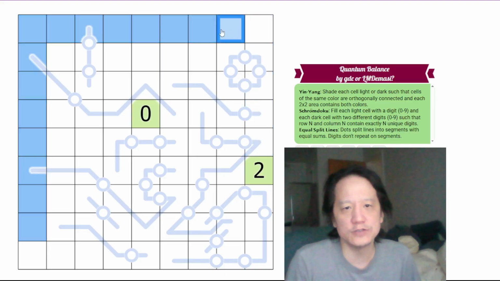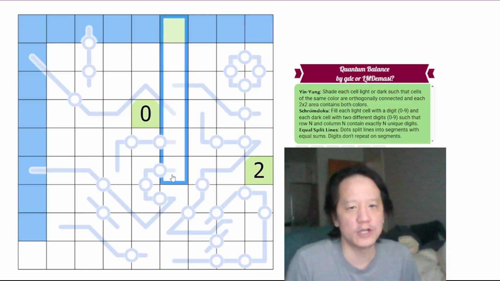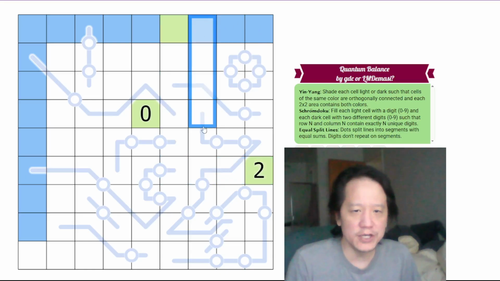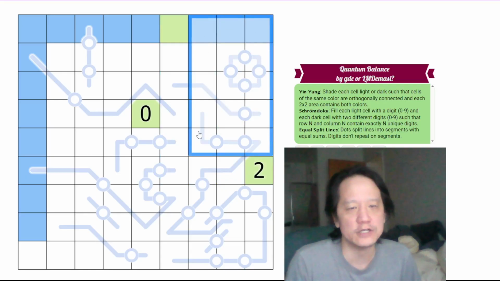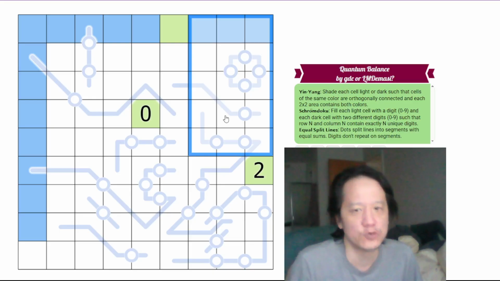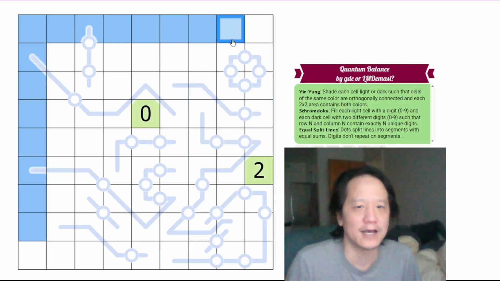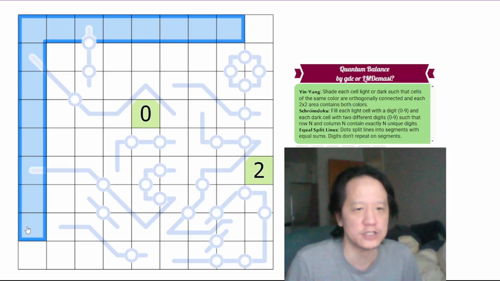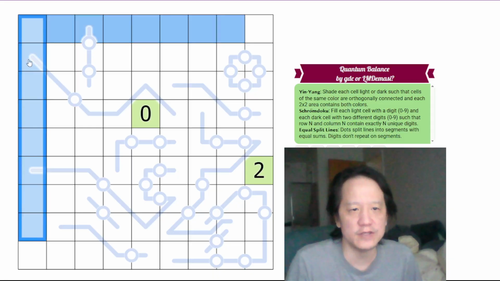If we try to shade this green and then this blue here, this does not work, because if you try to orthogonally connect all the greens, you would necessarily cut the blue region into multiple regions, which is not allowed because you only have one orthogonally connected region for the light and one for the dark. So since this has to have at least 19 digits in row 1 and column 1, all of these cells are blue.